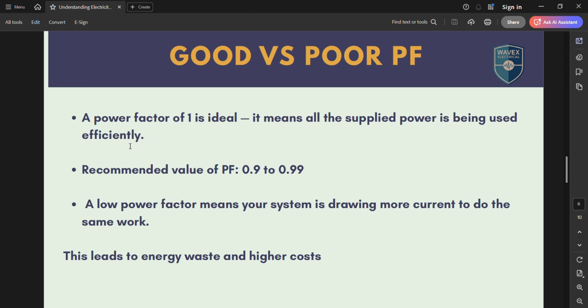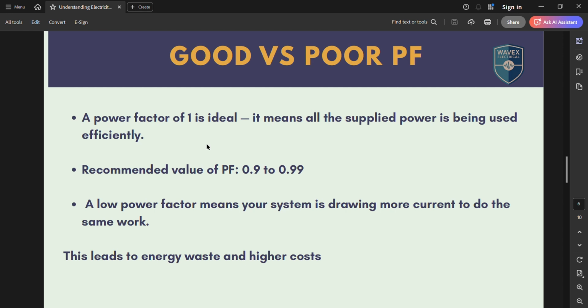So kVA is equal to kW. For example, we have a 1500 kVA transformer, and we can connect a 1500 kW load to that transformer. That is an ideal case. So that means the power factor is 1.